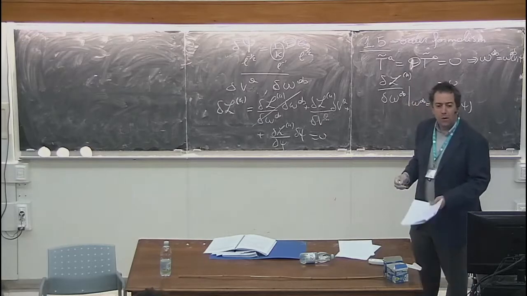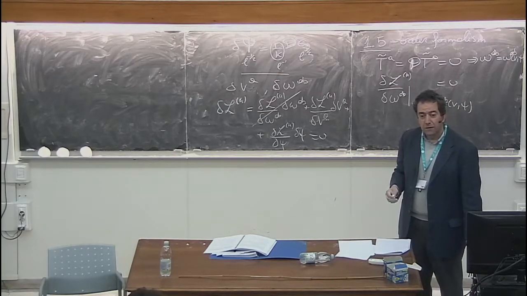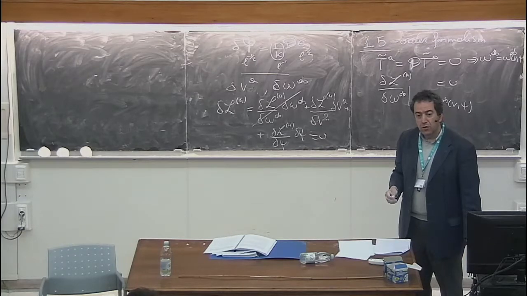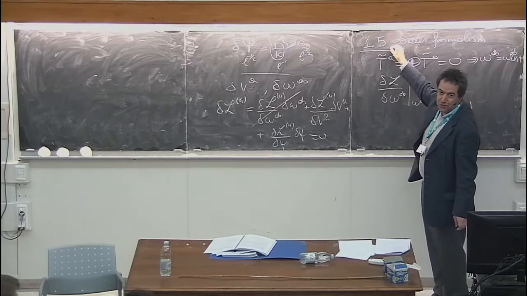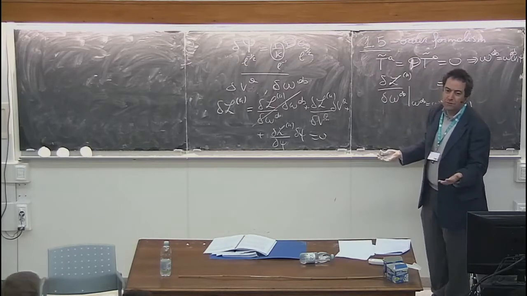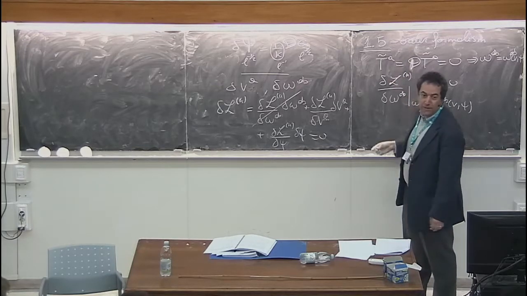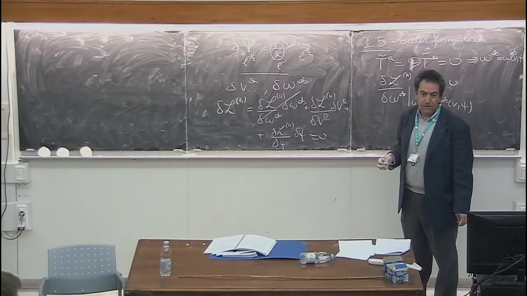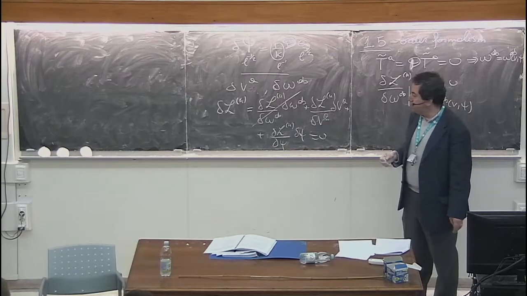Actually, here it's called 1.5 because we are not fully on shell; we are on shell only with respect to omega AB. So we are just partially on shell.